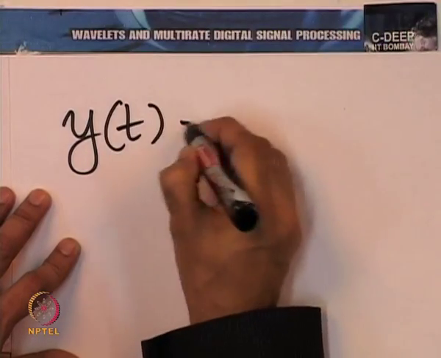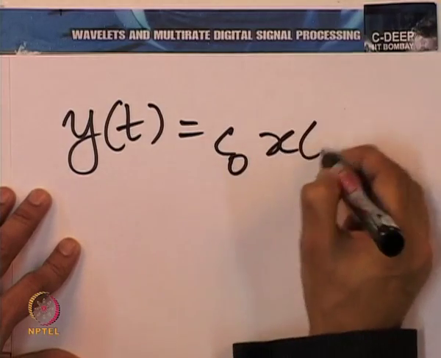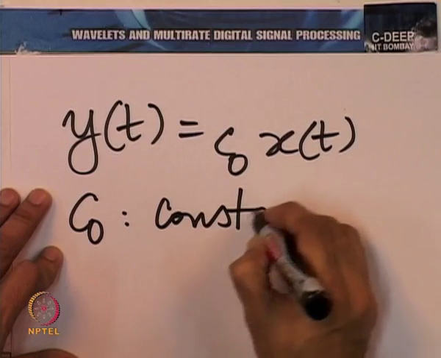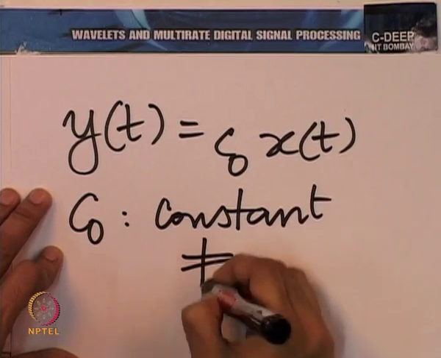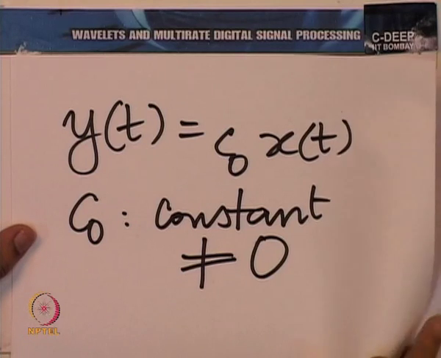So, again it is very easy to show that if y t is equal to some constant, let us say C 0 times x t, C 0 is a constant, of course, unequal to 0, that is straightforward.